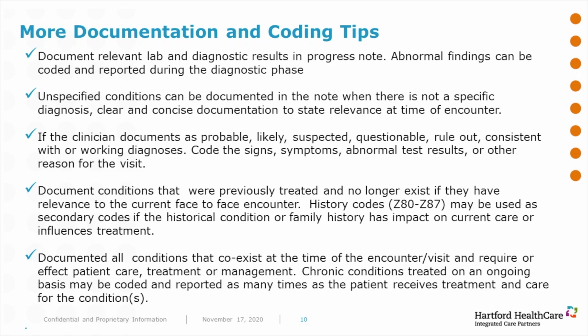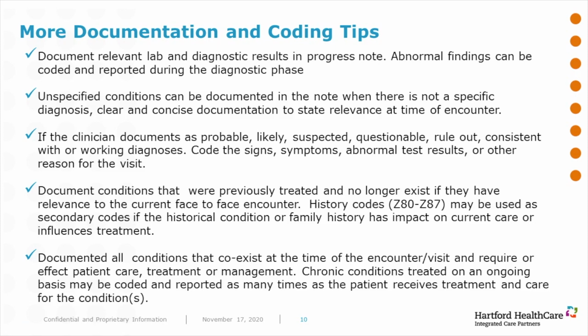Clear and concise documentation to state the relevance at the time of the encounter. If the condition documents as probable, likely, suspected, questionable, rule out, consistent with, or working diagnosis, code the signs and symptoms, abnormal test results, or other reason for the visit.